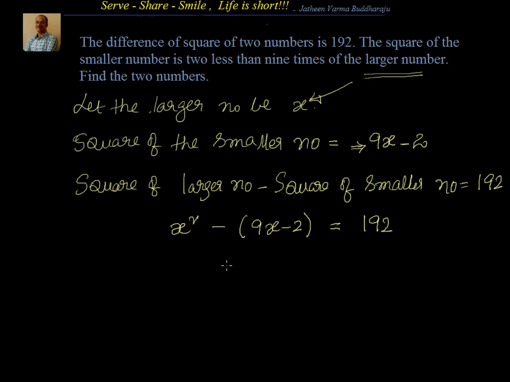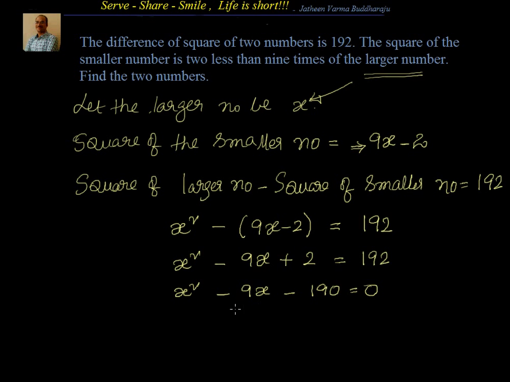Now we have to get this into quadratic equation form and try to find out the roots of it. So let's simplify that. We'll have multiplying with minus will give me x square minus 9x plus 2 equal to 192, or x square minus 9x minus 190 equal to 0.